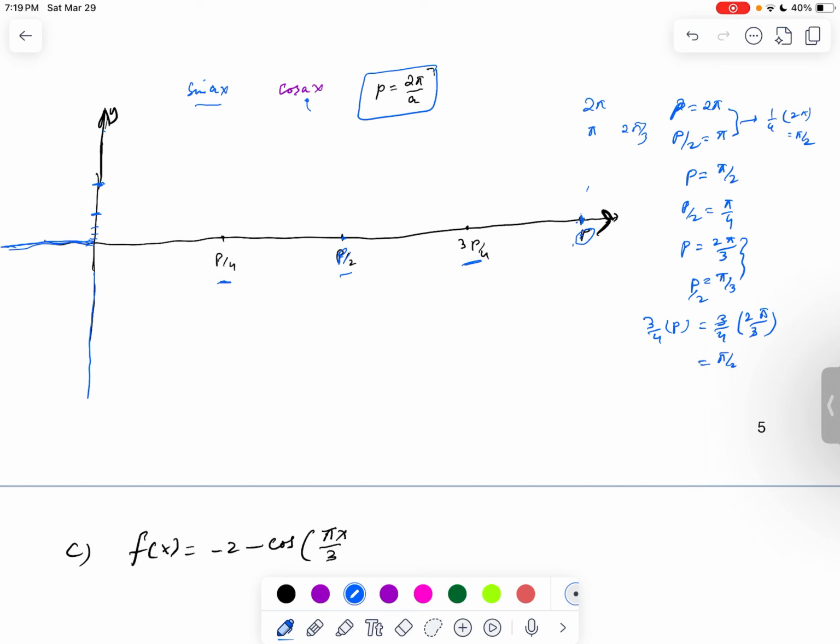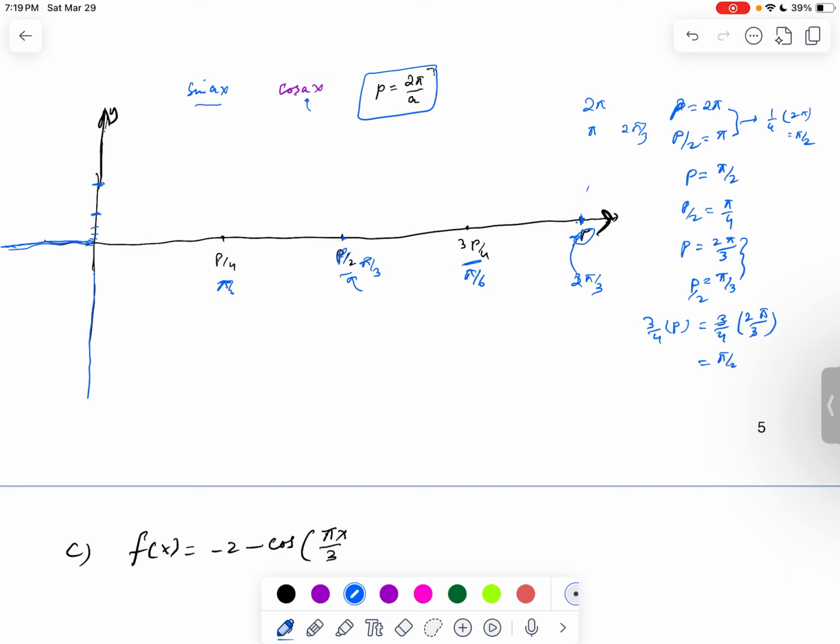So you will have 2 pi over 3 over here, and you will have half of that here. So pi over 3 will be over here, and this was 3 over 4 p, which will be pi over 6. So you will have pi over 6 over here, and if you want to find p over 4, we'll get pi over 6. So you put that over here.